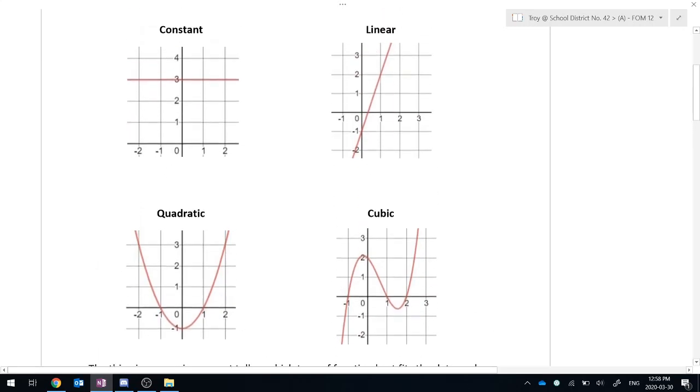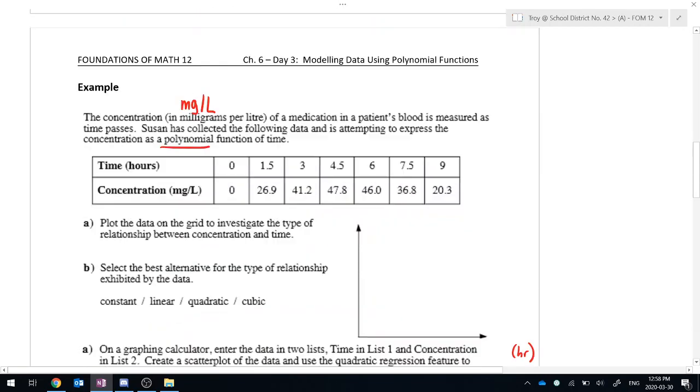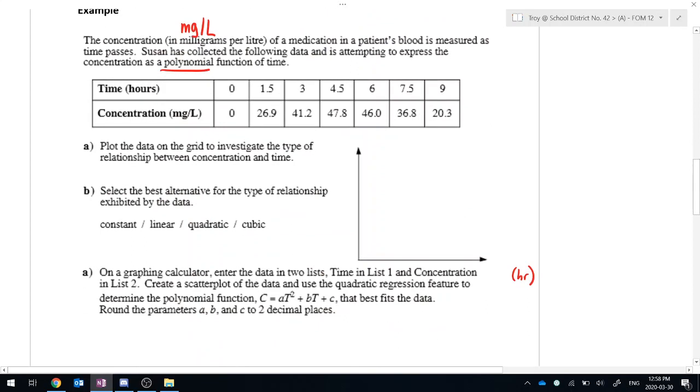So basically, if we're using polynomial, we're going to be using one of these four available to us. Of course, there are more polynomial functions that exist, but for this course, we're only going to be worried about these four that we've seen already.